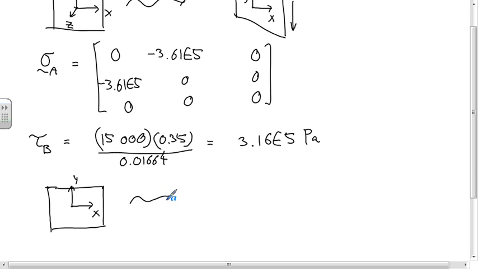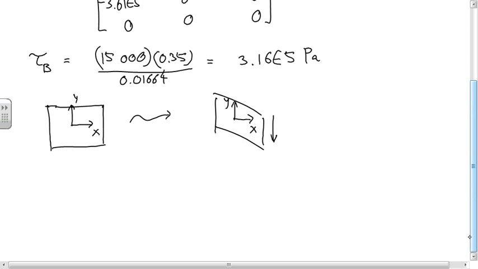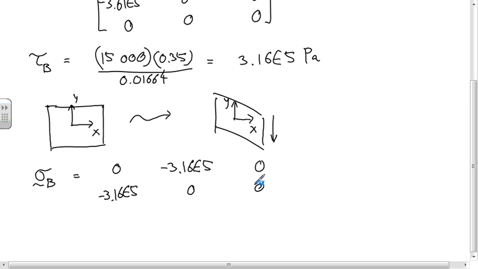So it's going to go to this shape. That means the stress is in that direction. And so the stress tensor at the point B is equal to 0, negative 3.16 times 10 to the 5th, 0, negative 3.16 times 10 to the 5th, 0, 0, and zeros on the bottom row.